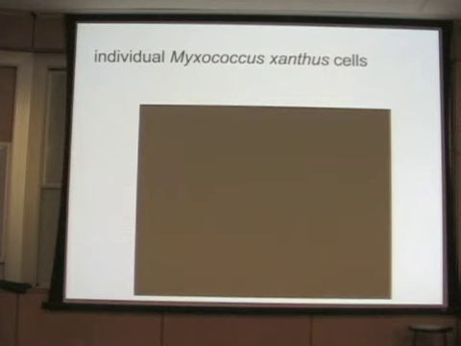I have a couple of quick questions. The first is about the traffic jam model, which is based on the assumption that collisions cause local pauses and then aggregates form around that. That makes me wonder if you've thought about putting in some little posts that act as obstacles to nucleate aggregates in specific areas.